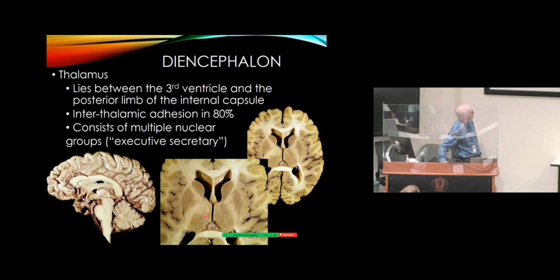So what does the thalamus do? In a nutshell, let's call it the executive secretary of the brain. This is the older terminology. Maybe should use something more modern, but basically any input that wants to access your cortex has to go through the thalamus. So right now, maybe you don't want to be distracted by someone mowing the lawn out there or by some tingling in your foot.